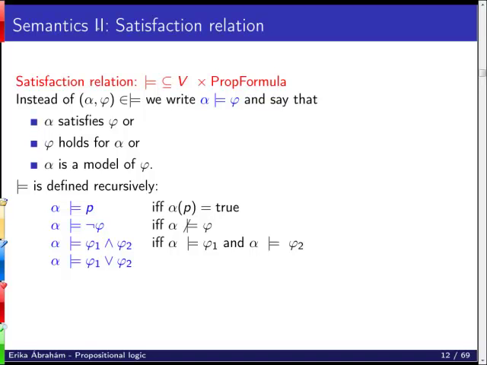So what would be a disjunction? The meaning of a disjunction. Alpha satisfies phi 1 or alpha satisfies phi 2. Then we have implication.